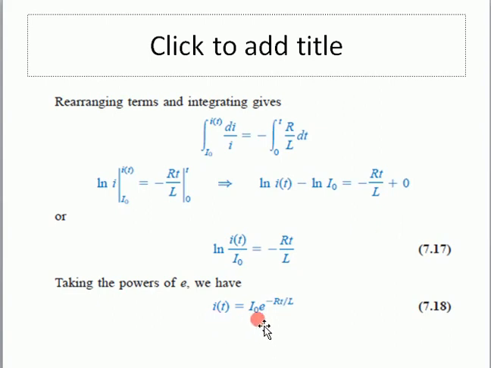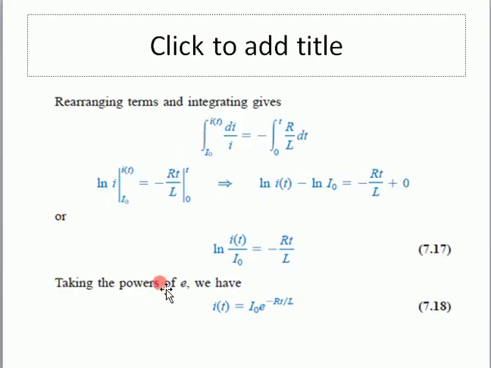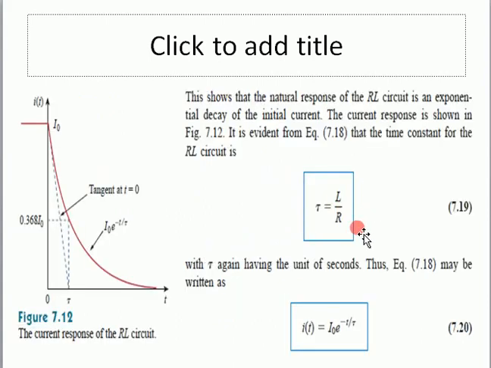Here R over L is the reciprocal of the time constant, so tau is equal to L over R.